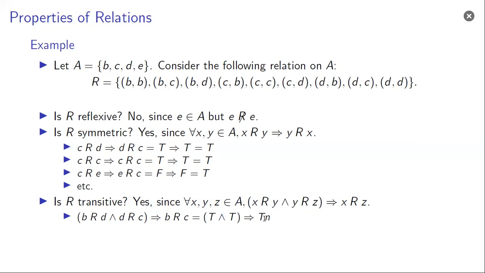Sorry, ignore this N, I don't know where that came from. Now, what is this equal to? This evaluates to true. True and true is true. So we have if true, then true, and this evaluates to true. So this statement is true.